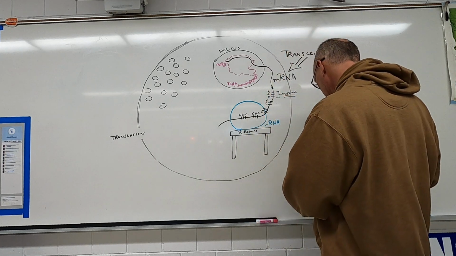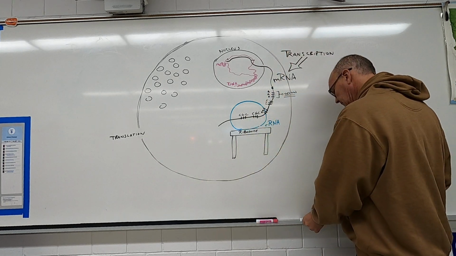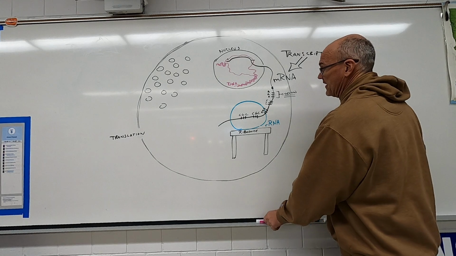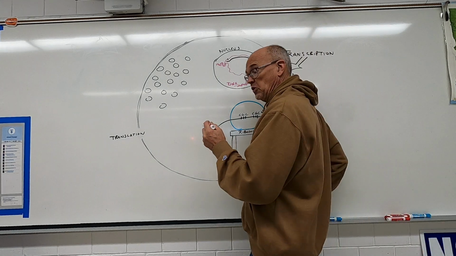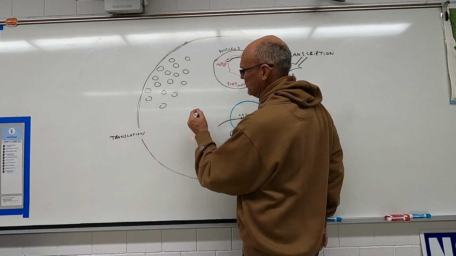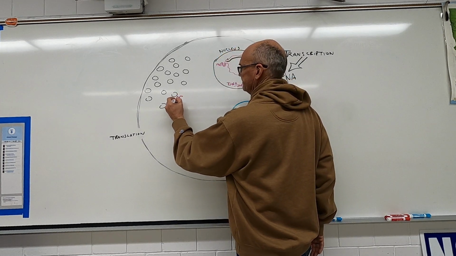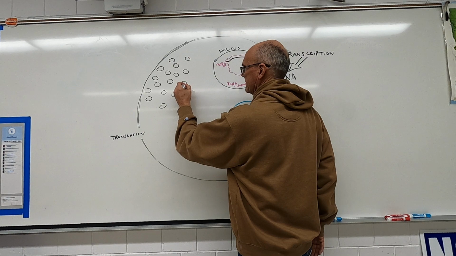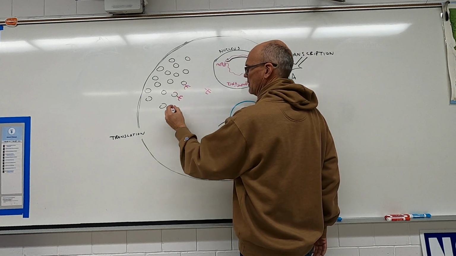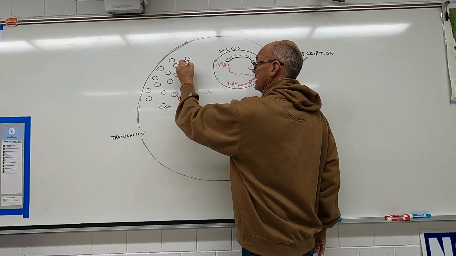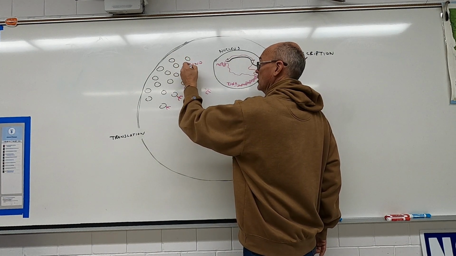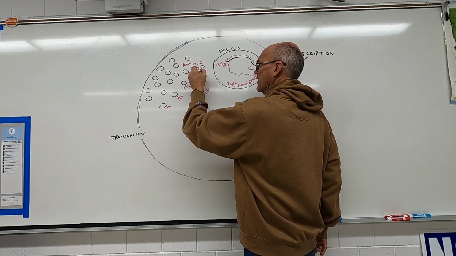So the next piece that's out there are things called transfer RNAs. I think of them as little pitchforks, kind of like this. And there are some of them that are going to fetch more amino acids. So these are amino acids, and there are 20.